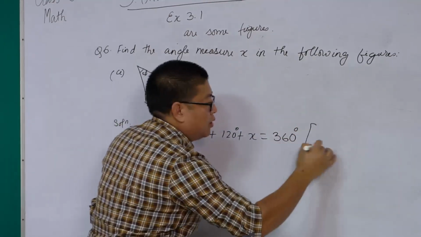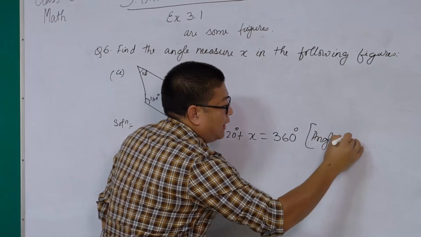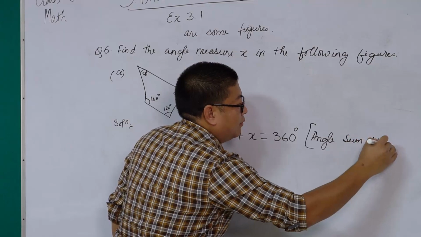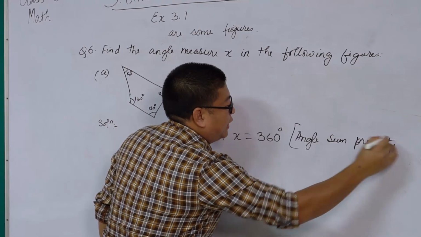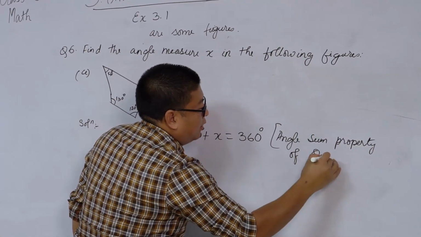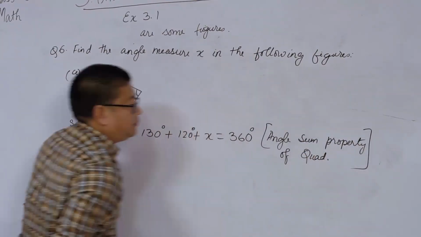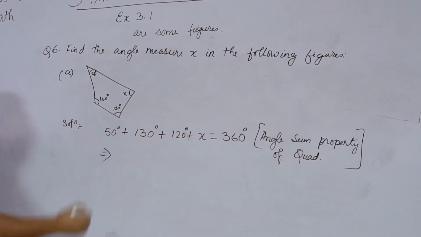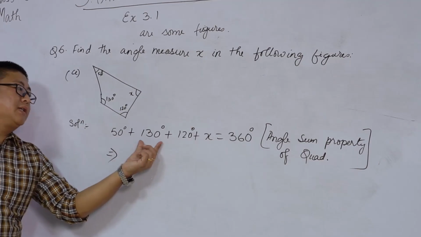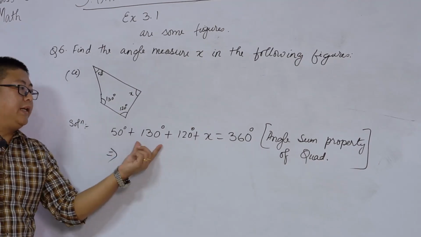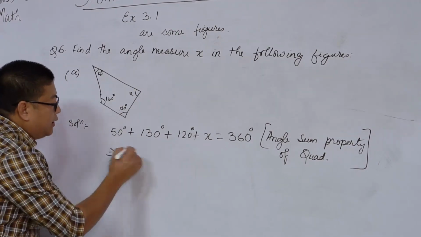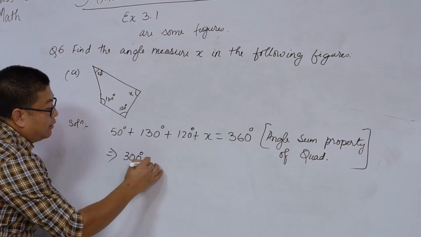This is because of the angle sum property of quadrilaterals. Now, simple addition, 50 plus 130 is 180, 180 plus 120 is 300.